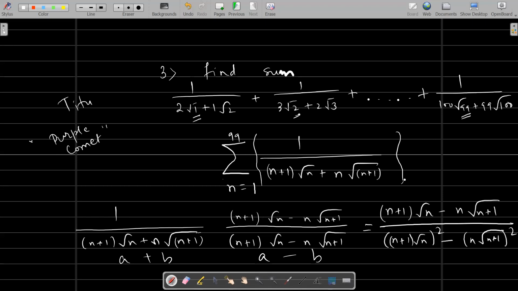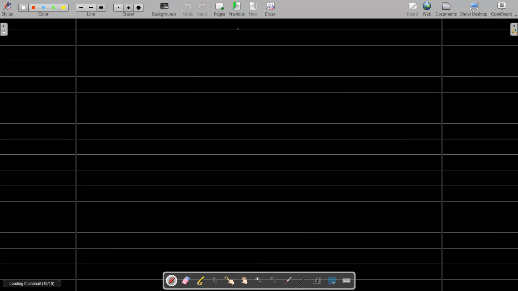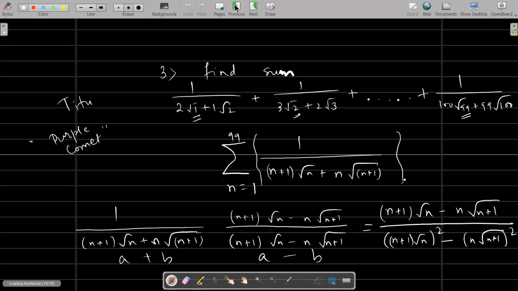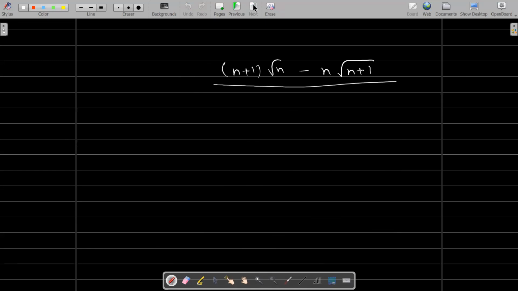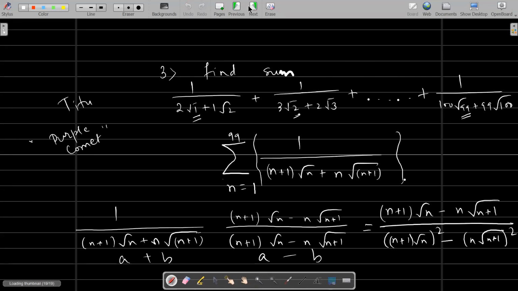Yes, Anish, that's correct. So n plus 1 root n minus n root n plus 1, upon n plus 1 square into n minus n square into n plus 1.